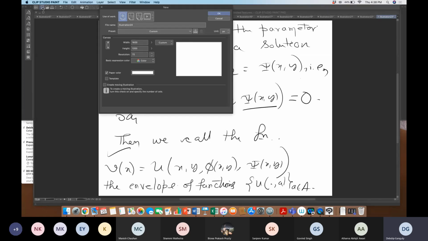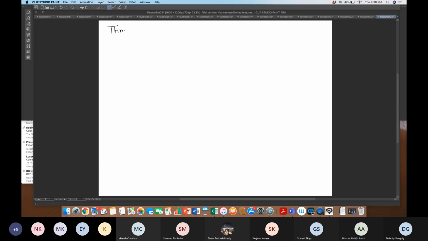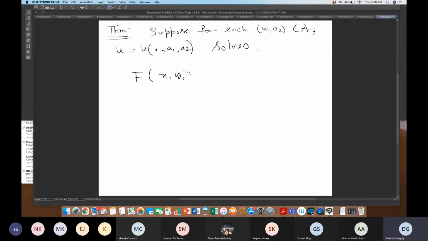Okay, now the theorem says that, suppose for each (a1, a2) belonging to A, u(x, y, a1, a2) solves f(x, y, u, ux, uy) equal to 0.